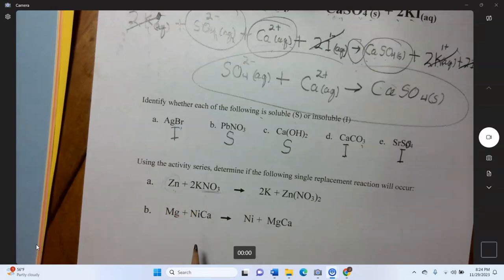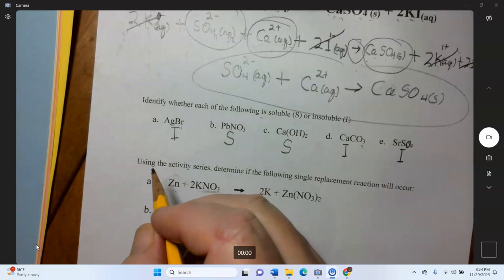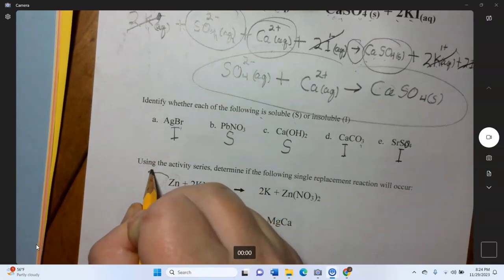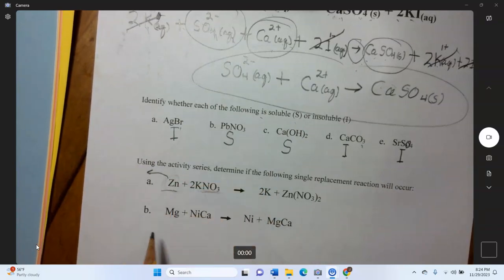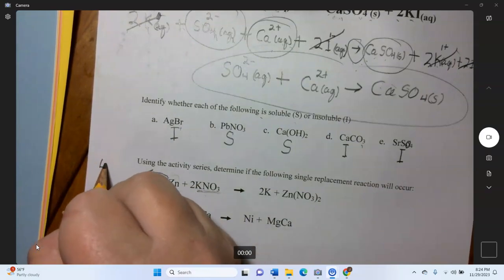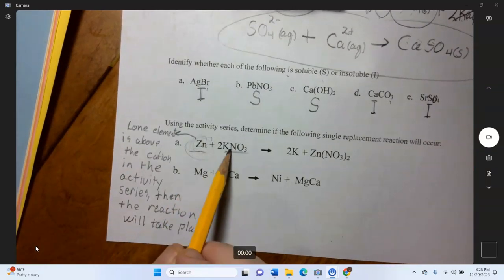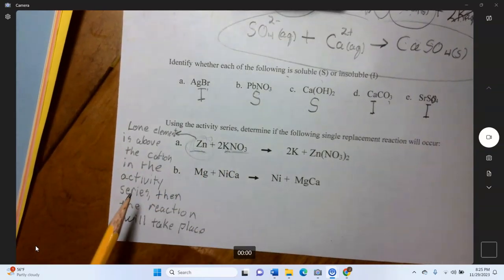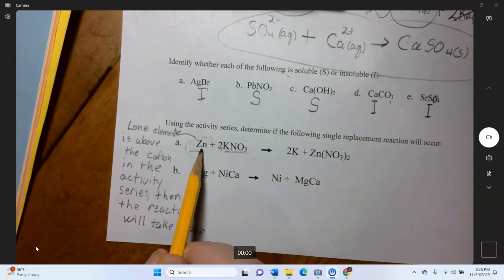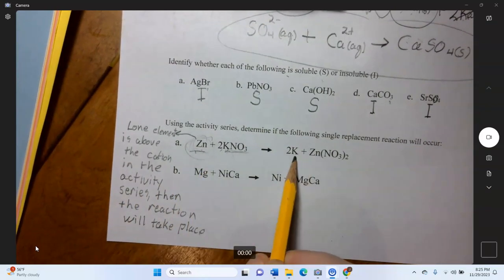That's all you're trying to determine. And the rule is, we'll call this the lone element, okay? It's not the ion here. The lone element. So if this lone element is above the K on the activity series, then the switch will take place, the Zn and the K that you see over here.